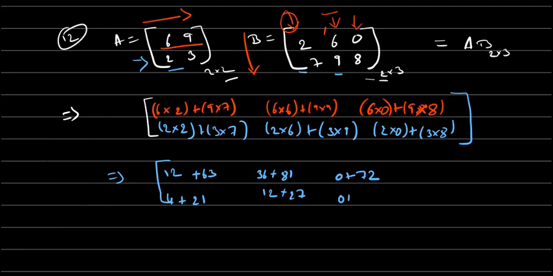I hope you people are getting this. 12 plus 63 will become 75. 36 plus 81 will become 117. 0 plus 72 will be 72. 4 plus 21 will be 25. 12 plus 27 is 39. 0 plus 24 will be 24.